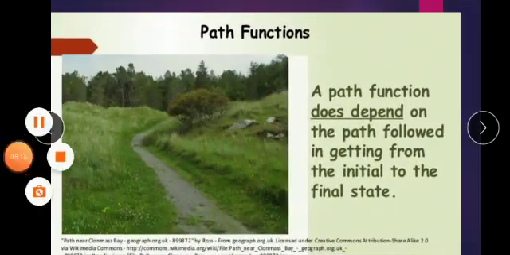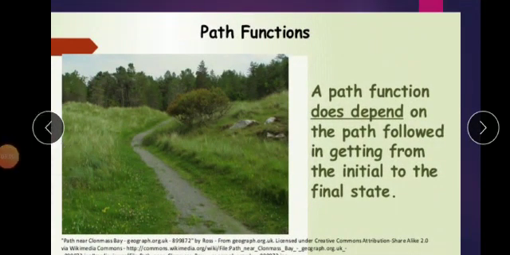Path function. The next variable is path function. A path function depends on the path followed in getting from the initial to the final state. So whether you are traveling by bus, by bicycle, or running from one place to another, you are choosing some other pathway, and that is known as a path function.